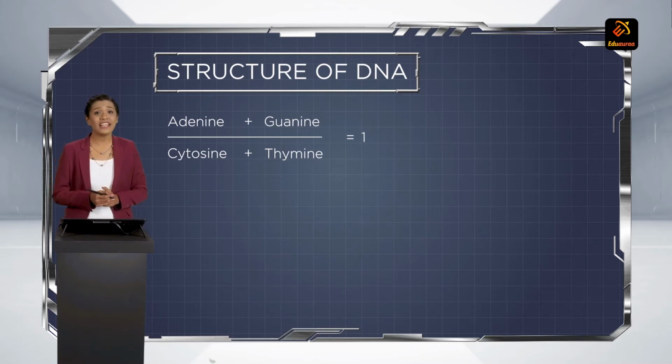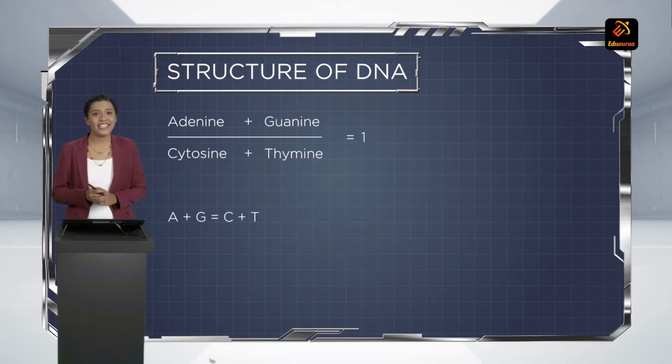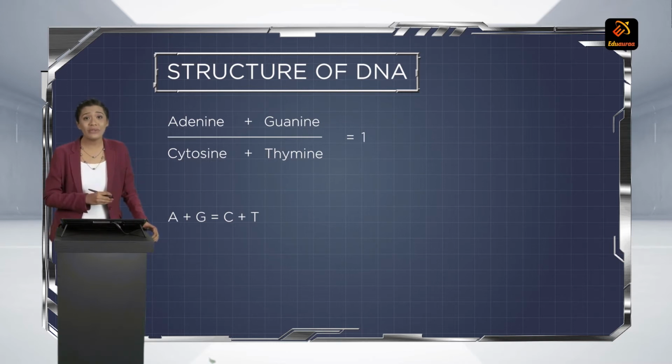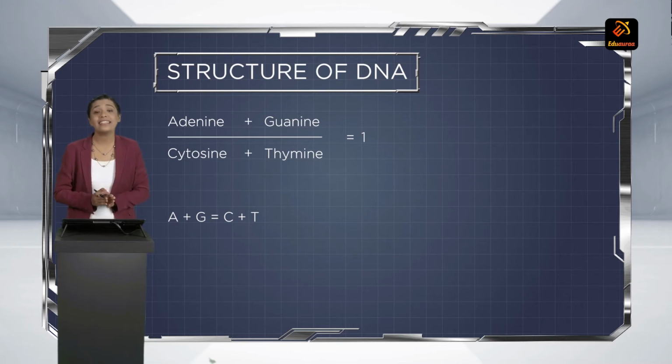So what is Chargaff's rule saying? That whatever purines will be present will always be equal to the number of pyrimidines. A plus G will always be equal to C plus T. Why? Because we very well know that whatever number of purines will be present, the complementary pyrimidines will always be present.